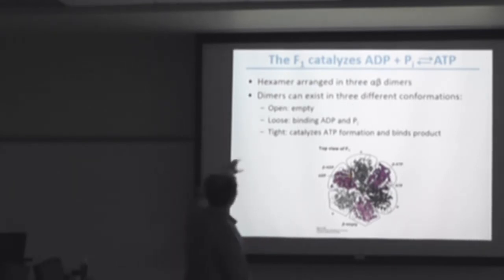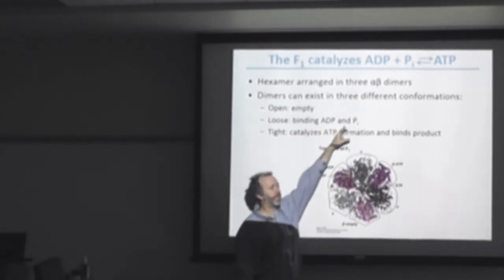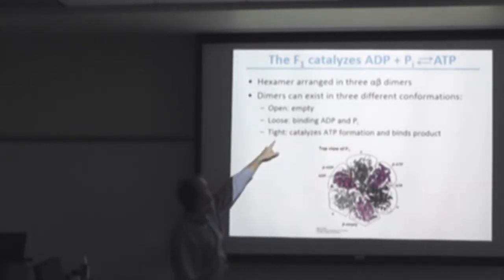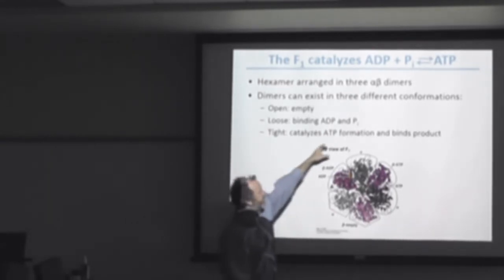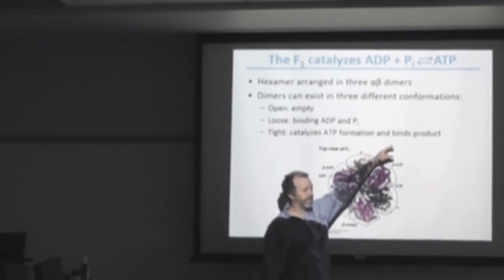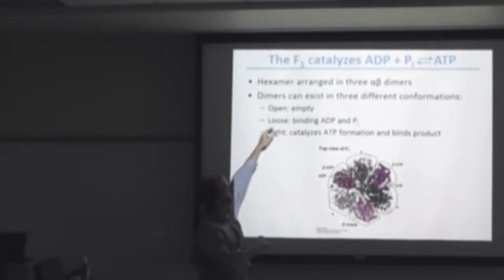A loose conformation will bind ADP and phosphate. And then you have a tight conformation which binds ATP. It catalyzes the ATP formation and binds the product, so it has a high affinity for ATP. So as you switch from one conformation to the other, that's how you get that cycle.